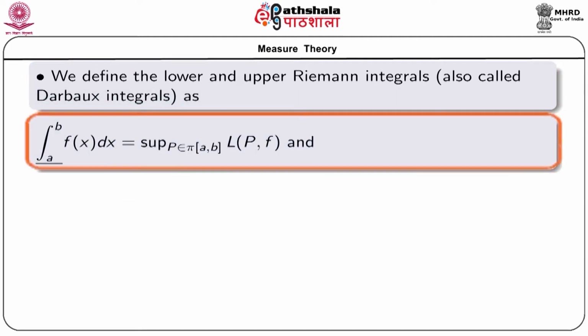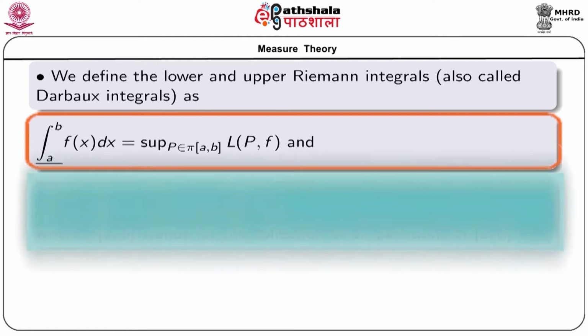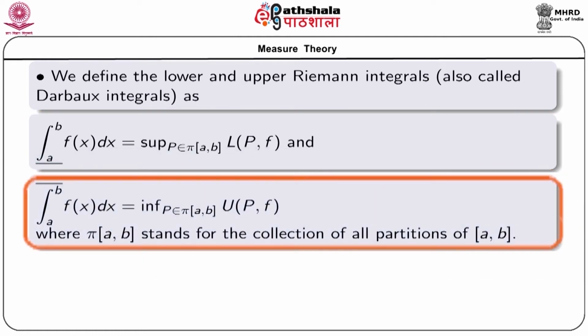The lower integral from a to b of f(x) dx is defined as the supremum of all possible lower sums, where the partition P runs over the collection of all partitions of closed interval [a, b], denoted Pi[a, b], and the upper integral from a to b of f(x) dx is defined as the infimum of all possible U(P,f), where P runs over Pi[a, b]. Pi[a, b] stands for the collection of all partitions of closed interval [a, b].